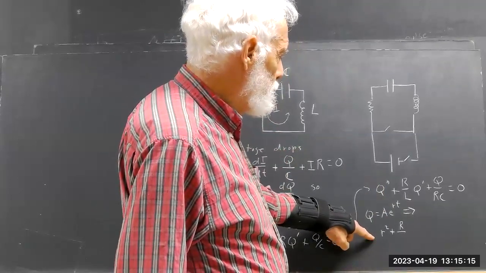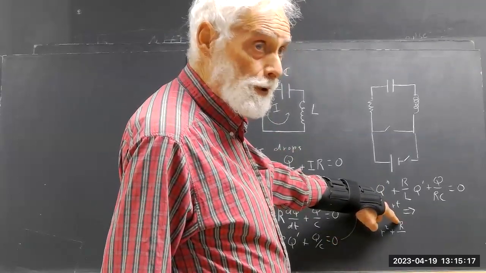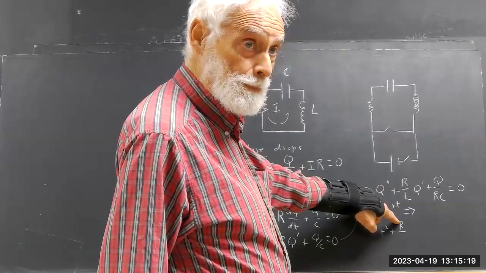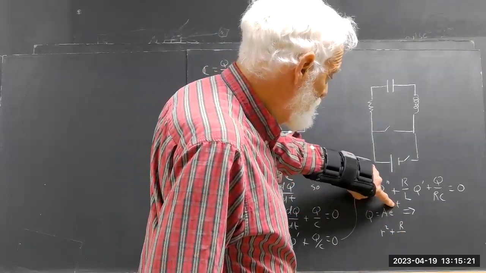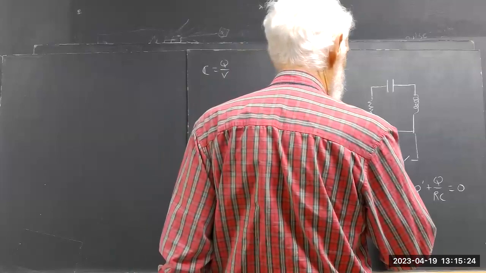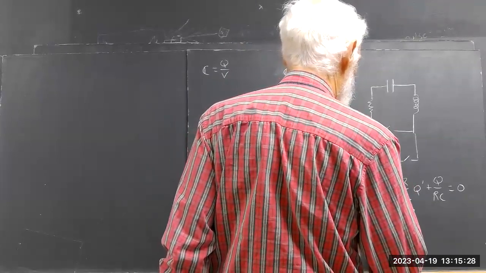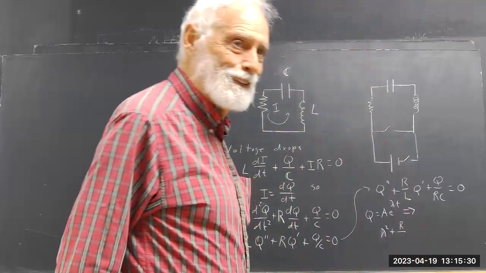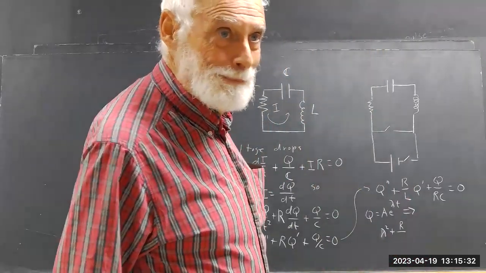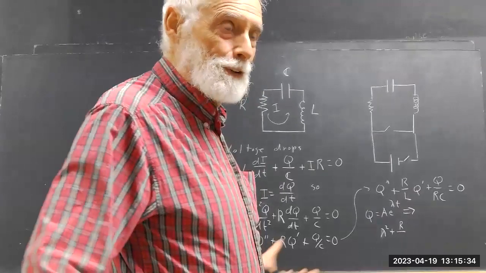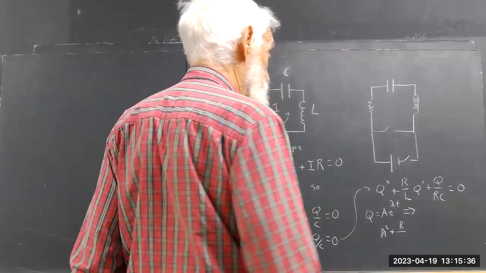Since I don't want to confuse lowercase r with uppercase R, although I don't think that would be a problem for you, I better change this to lambda. Now you get to think about eigenvalues and stuff. But you're used to lambdas, doing that last year.